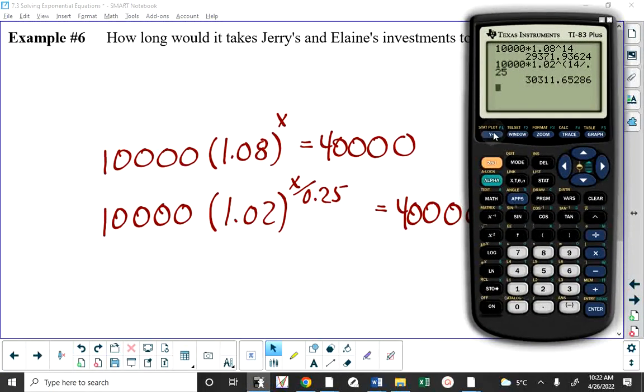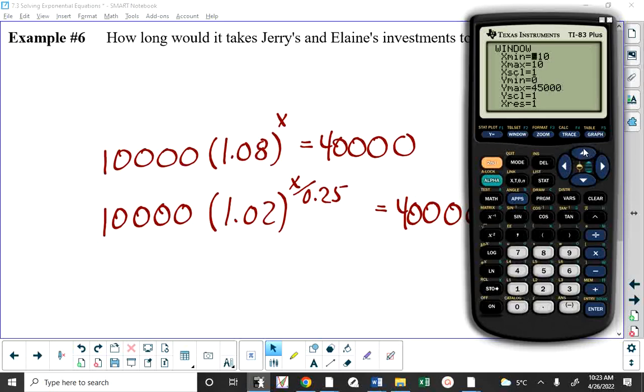So I'm going to enter in Jerry's 10,000 brackets 1.08 bracket raised to the x. I'm going to enter in 40,000 as well. Clearly, I need to change my window settings to reflect that. So for my window settings, I'm going to go from 0 to, well, to 45,000.